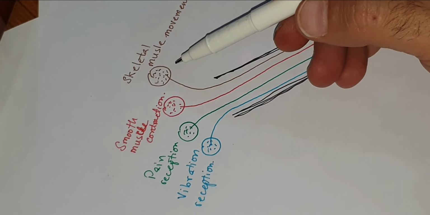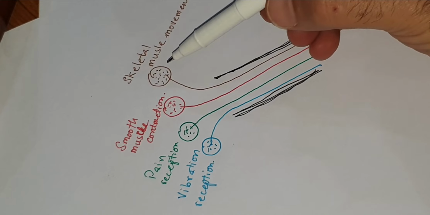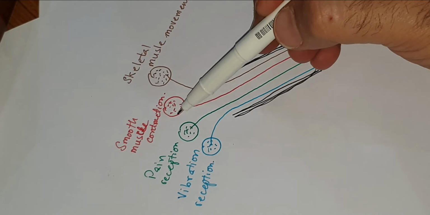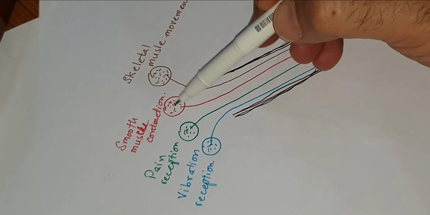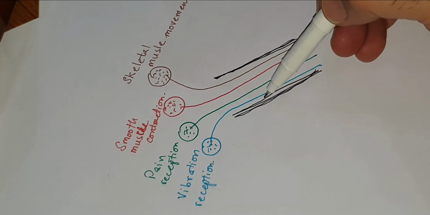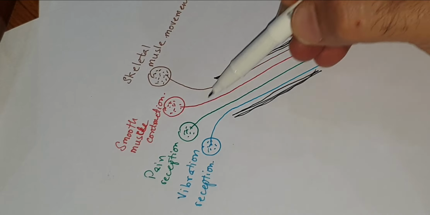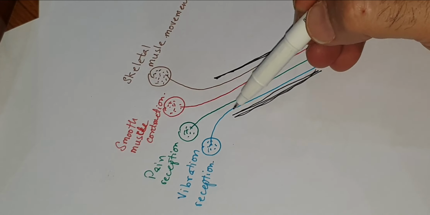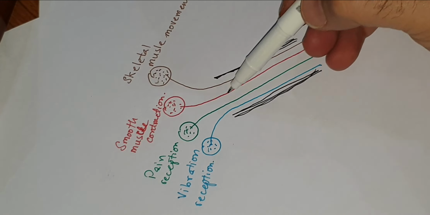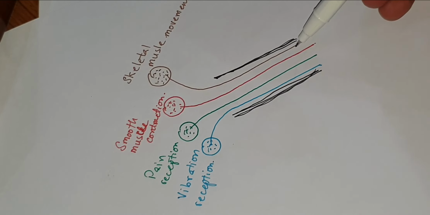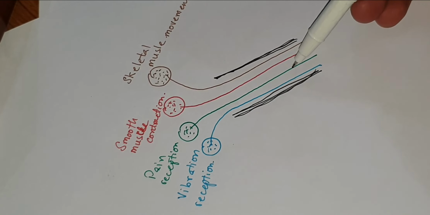Nucleus is a collection of cell bodies of axons inside the CNS. So these small round structures represent nuclei, and this black structure represents a nerve. These fibers which are coming out from the nuclei represent the axons of these cell bodies, and they are moving towards the nerve. They are entering the nerve.